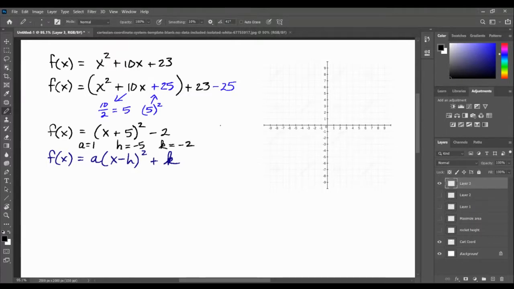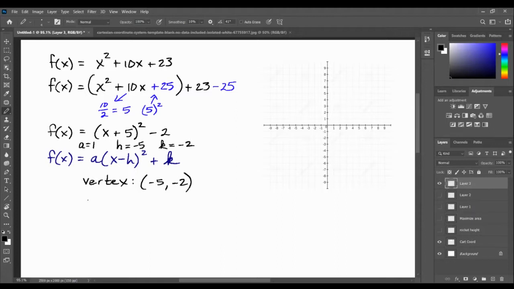So now I have the vertex. That's hk, so negative 5, negative 2. Because it's positive, this thing's going to open up, so I don't have a maximum, but I do have a minimum. What did I write?